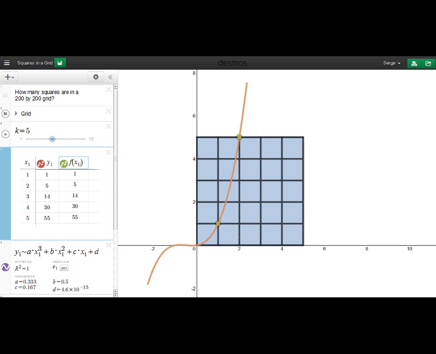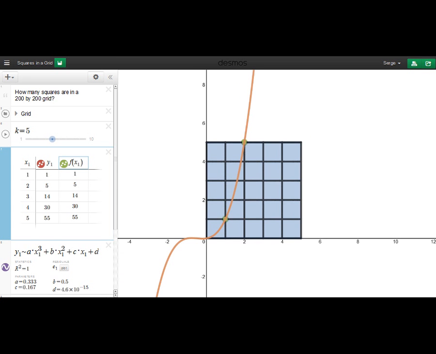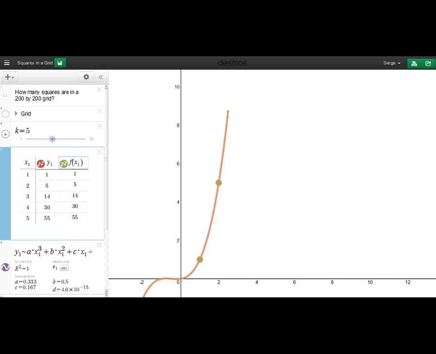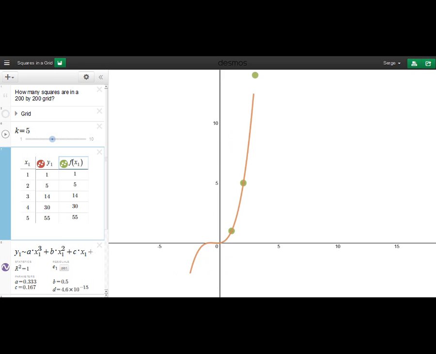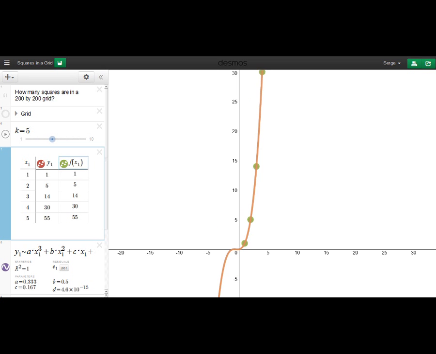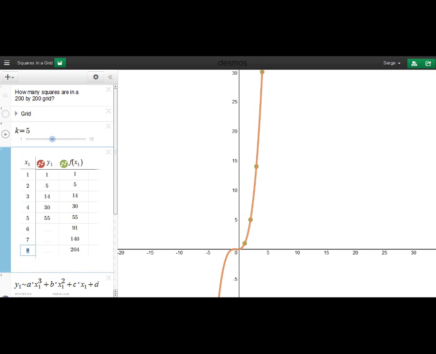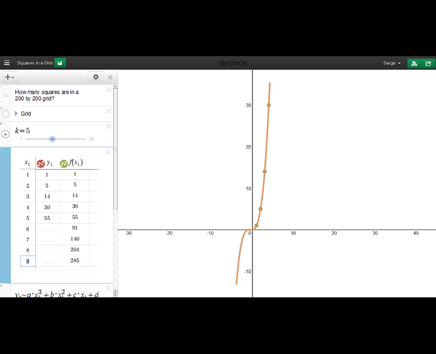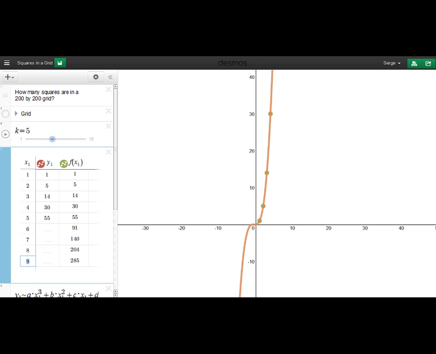We could hide the grid for the moment and just look at the curve. It does look like it goes through the points that it's supposed to go to. And not only that, but we can continue adding values. Ho ho ho! Look at that. A 9 by 9 grid would have 285 squares inside it of various sizes.